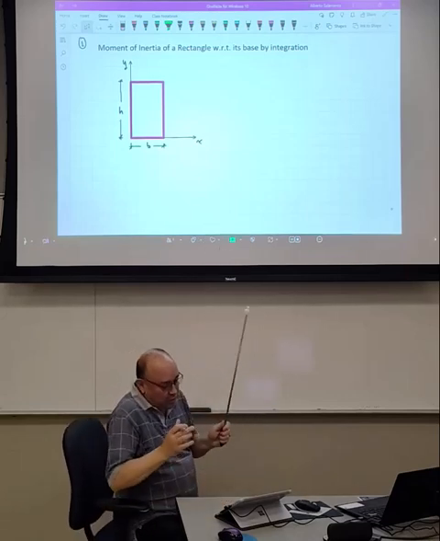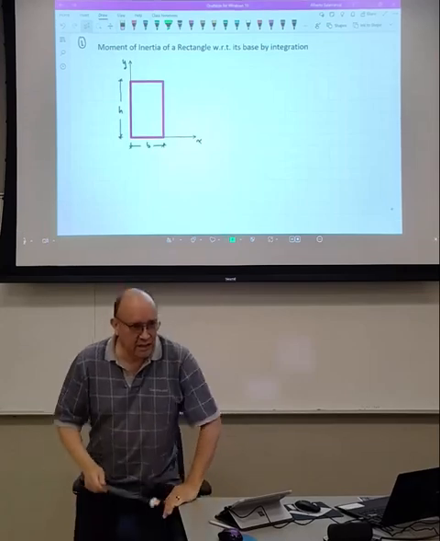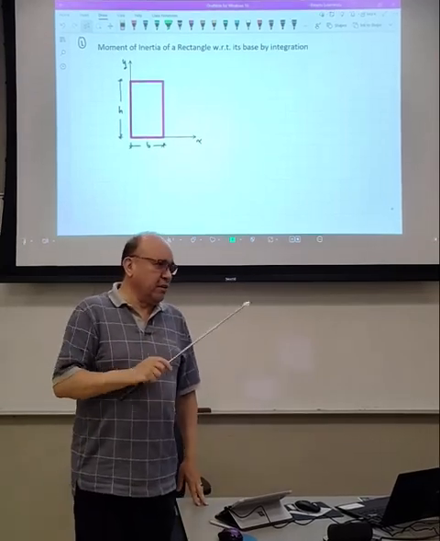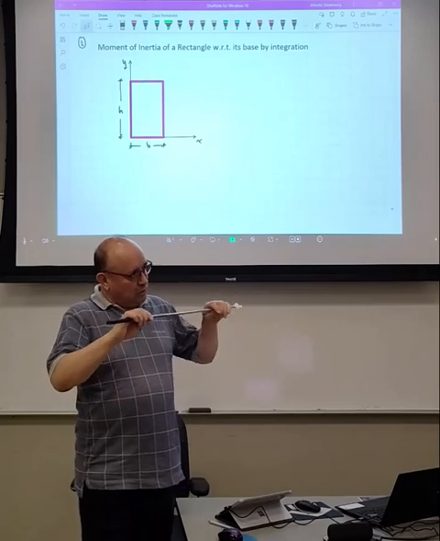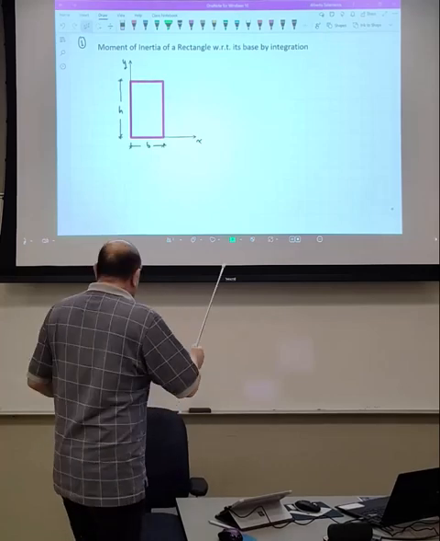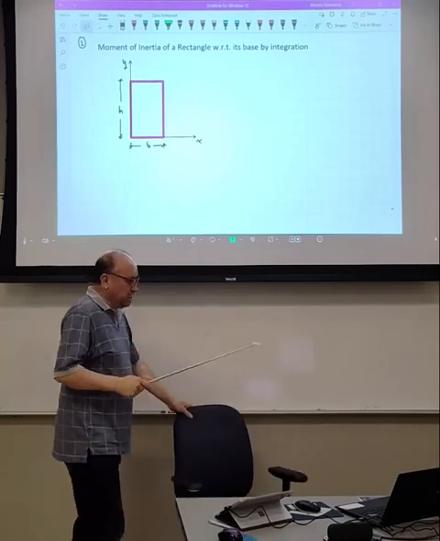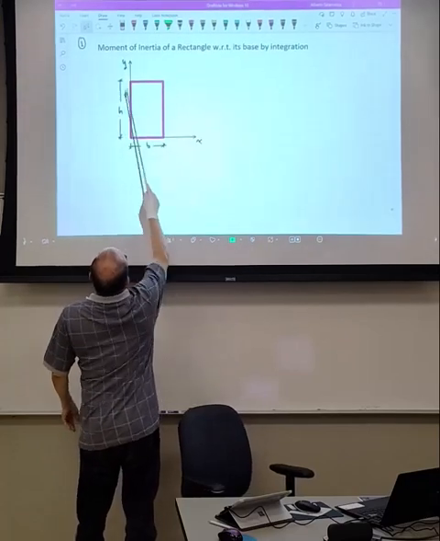Another very important point about calculating the moment of inertia is the axis with respect to which you are going to calculate it. You can calculate the moment of inertia of a cross section with respect to this axis, or an axis over here, or an axis here.